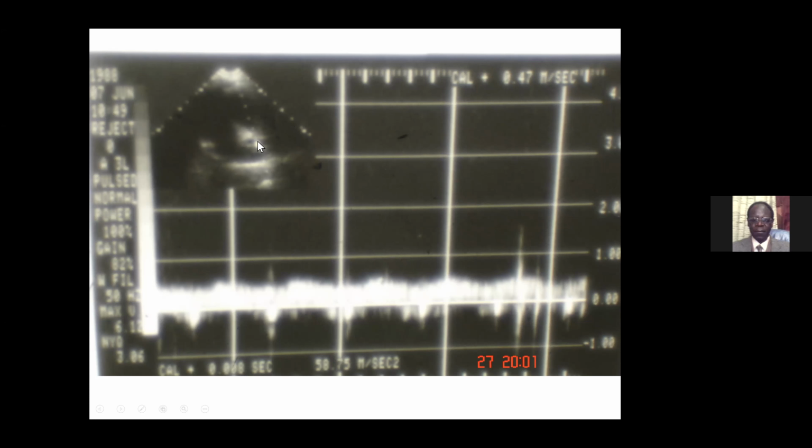Here we are interrogating the hepatic vein, and this is the waveform. Now it is a venous waveform. It is undulating. The reason is because in inspiration, the diaphragm is compressed downwards by the air in the lungs.